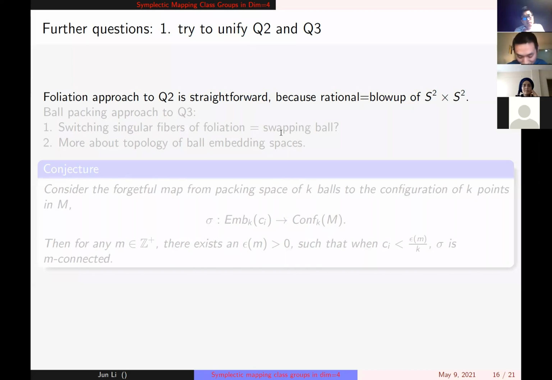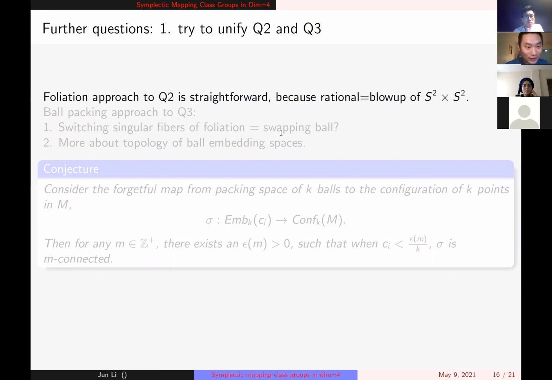For question 1 and question 2, we are basically using the ball packing approach. And then for the ruled surface, we are basically using the foliation approach. It seems like those approaches share something in common, and we wonder if we are able to interchange the approaches for different questions.